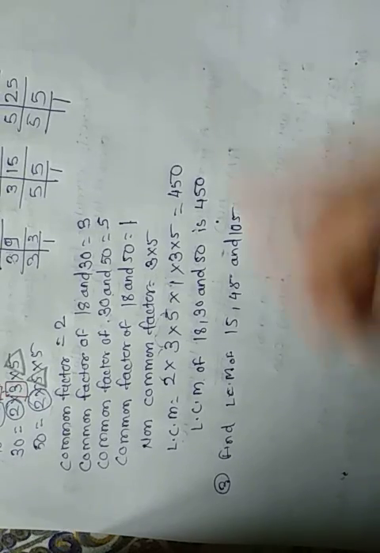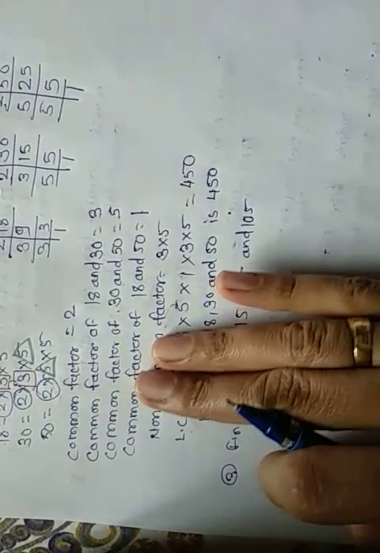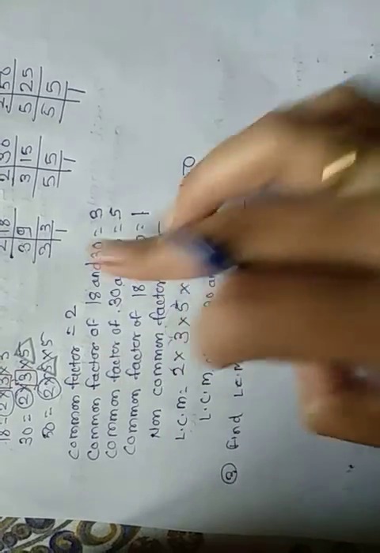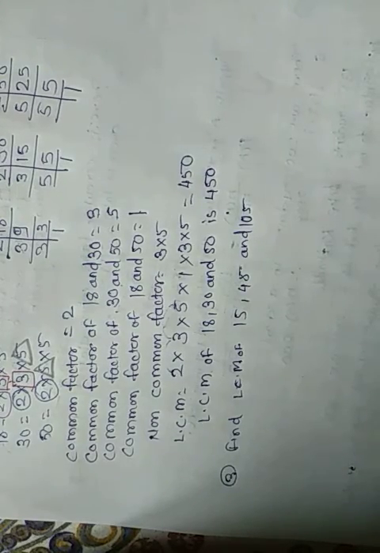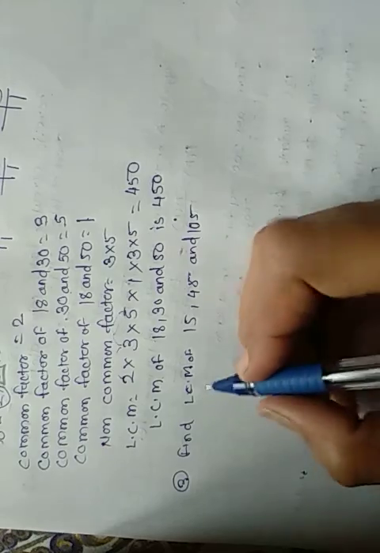In the earlier method, you first factorize all the numbers, then find common factors, then factors between two numbers, then non-common factors, and the product of all these numbers is the LCM. Instead of this, you can use vertical arrangement.